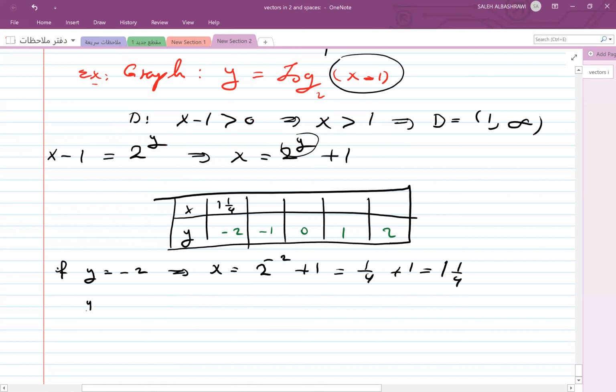Now if y equal to -1, then x equal to 2 to the power -1 plus 1. That will be 1/2 plus 1, which is equal to 3/2.